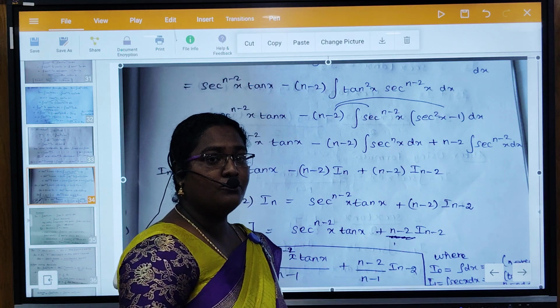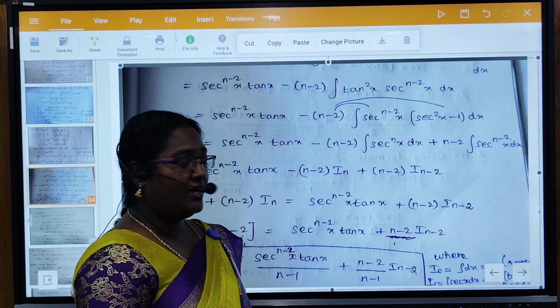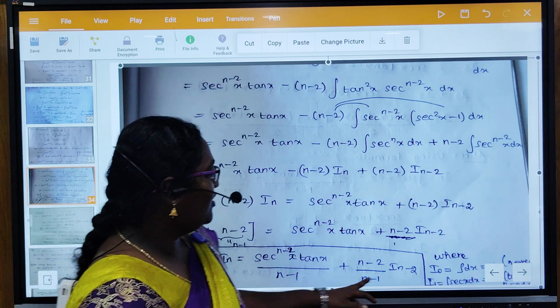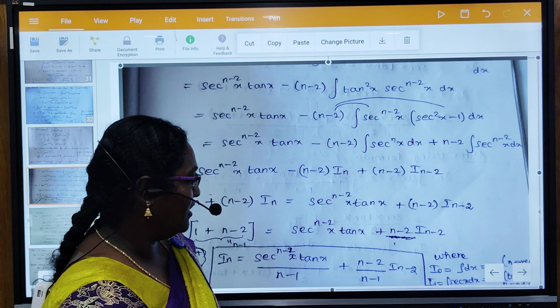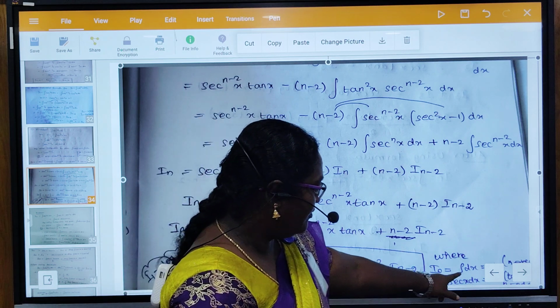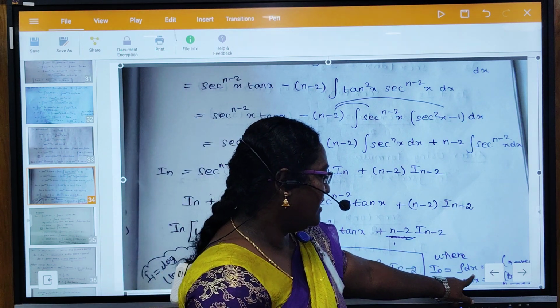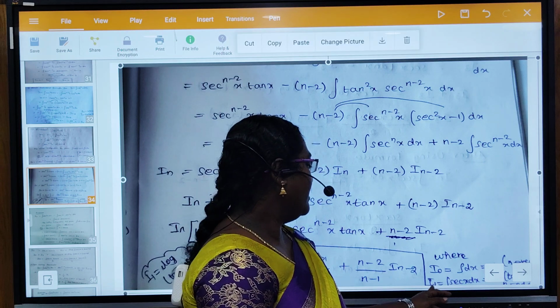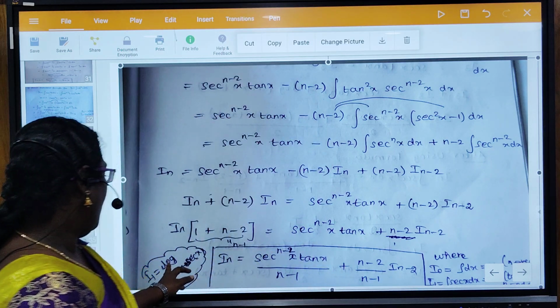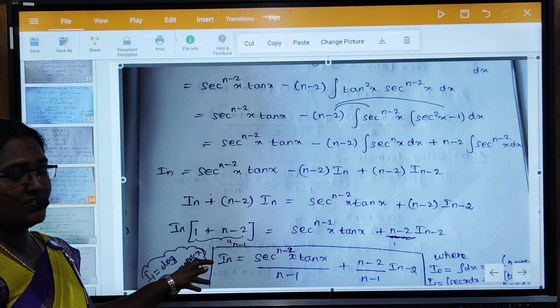It keeps on reducing till I0 and I1. If n is even, it will be reduced to I0, so integration of dx is x. If n is odd, it will be reduced to I1, so integration of secant x is log of tan x plus secant x. Right?